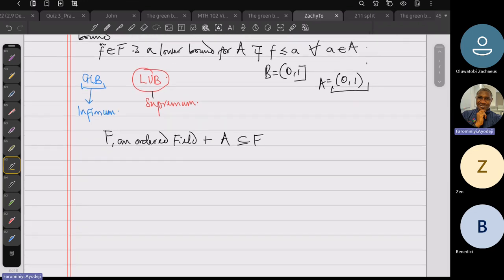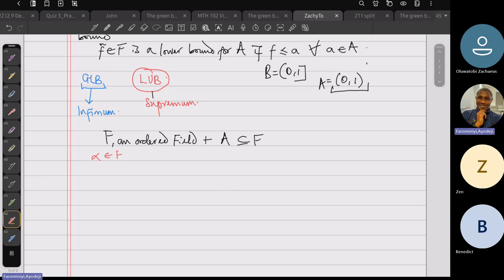So what is the supremum? I'm going to use red for supremum and blue for infimum. So alpha in F. When we're talking about supremum and infimum, we are looking at elements in the ambient space, the ambient set, not in the set A that we are talking about.